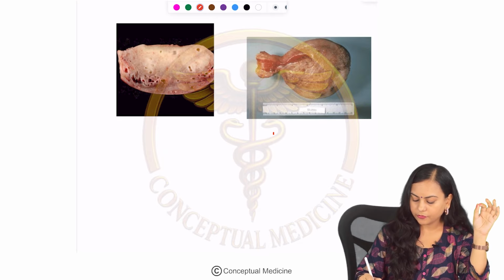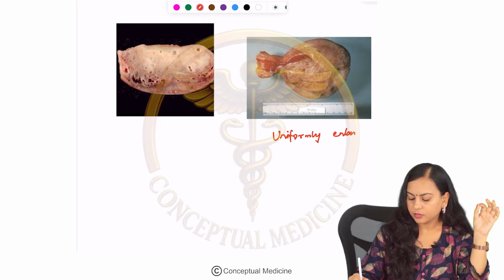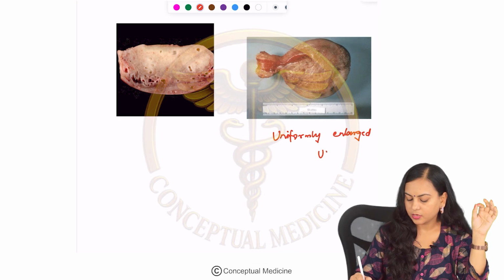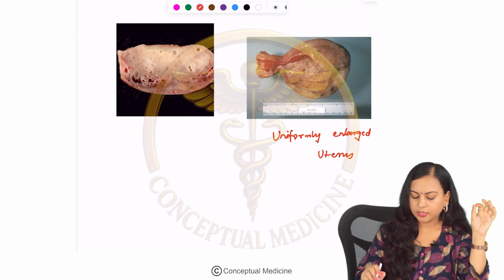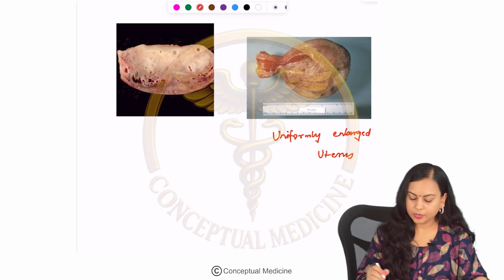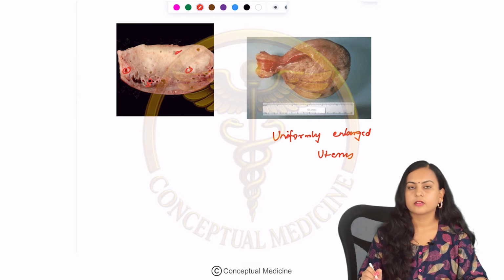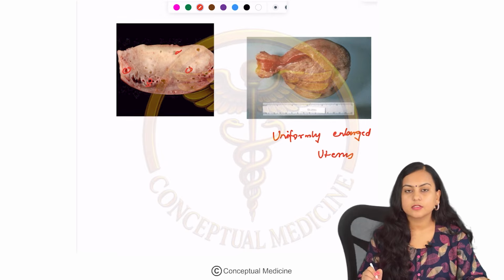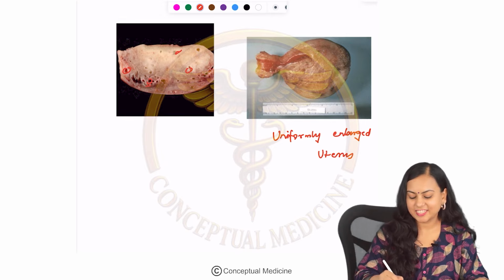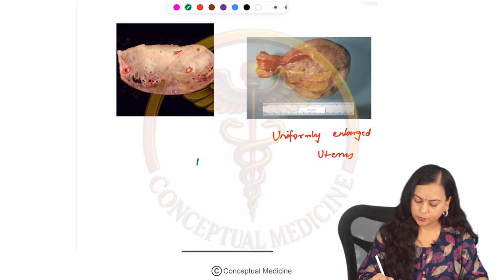You see a uniformly enlarged uterus in the full specimen. Whereas in the cut section, you are able to see small cysts. Right? So these are small cysts that are seen. So what do you think? Your diagnosis is now going to be? Yes, it is going to be adenomyosis.